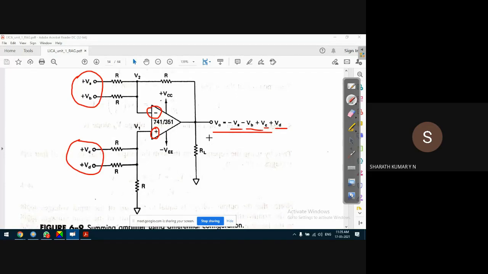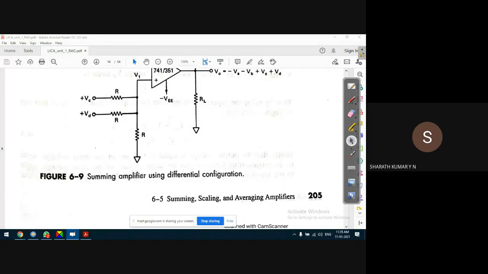So it is a summation of VA, VB, VC and VD, of course, but in this case these two are inverted. That means we are using the difference amplifier as a summing amplifier, a summer.